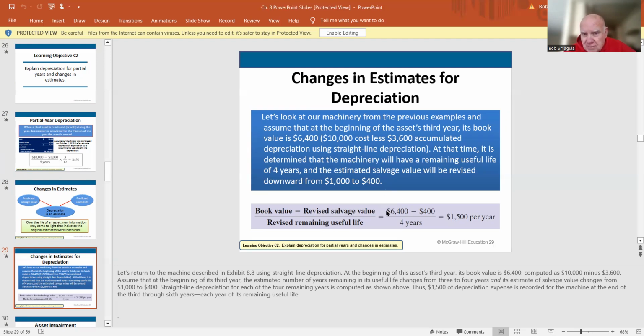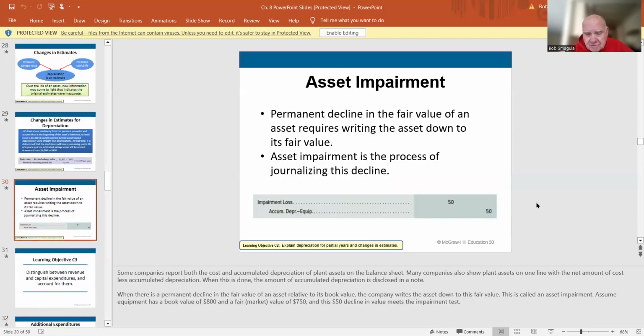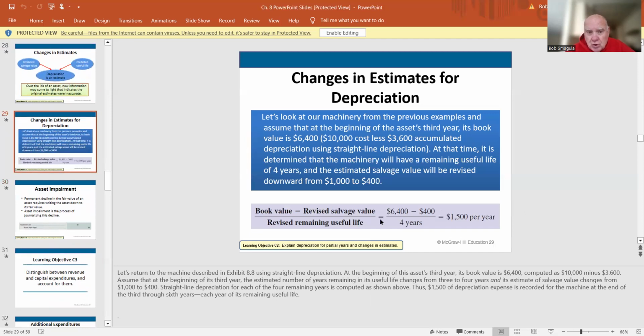This is the book value at the time of the change. We're simply going to divide that by 4, and now our new depreciation per year is 1,500. Take the book value as it stands after 2 years, the revised salvage value is now 400, and we divide that by the remaining 4 years.